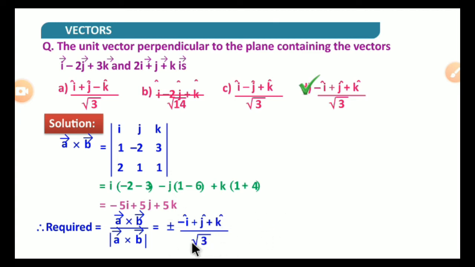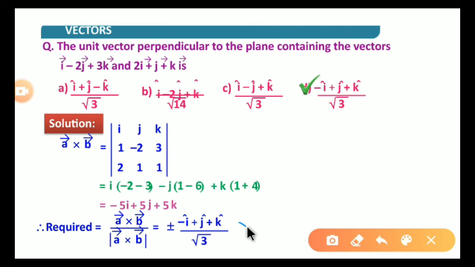After taking 5 common, we can get the simplest form, so this is also 5 into the square root of 3. Therefore we can cancel 5 with 5. After the cancellation, we get minus i plus j plus k divided by the square root of 3. So this is the required unit vector perpendicular to the plane containing the vectors A and B.